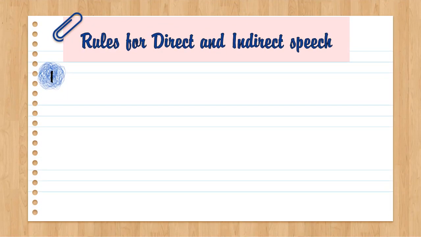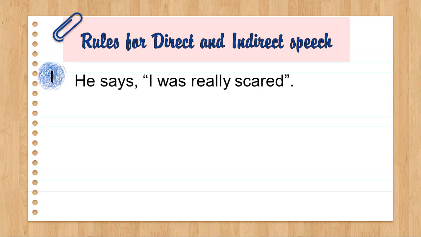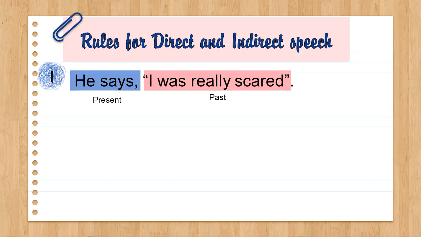Let's look at the rules of direct and indirect speech at the end of this example. He says, "I was really scared." The first part is present tense, while the second is past. If we have a sentence like this one, where the two parts of the sentence differ in tense, we have to change it in order to make one tense out of both parts.